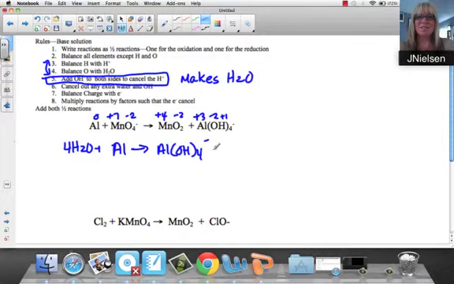Now, I already have 4 H's here. So if I have 8 H's and 4 here, I'm only adding 4 H+. Here's my new step. I am going to add, let me change colors so you see that, plus 4 OH minus to both sides. This right here, I'm going to circle that because that makes 4 waters.